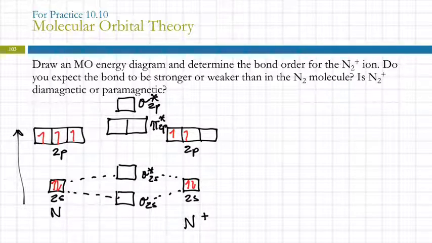Nitrogen, be careful now, has the unexpected order. It's not the expected order. From the s we get sigma and sigma star. S orbitals can only make those, and I've got 2 more things to put in here. So I need a sigma and a pi bonding from these p orbitals.